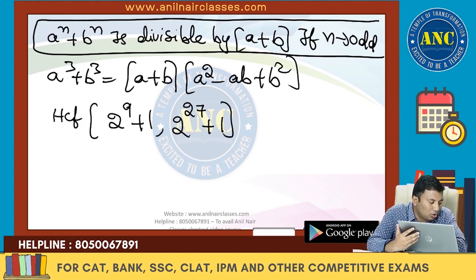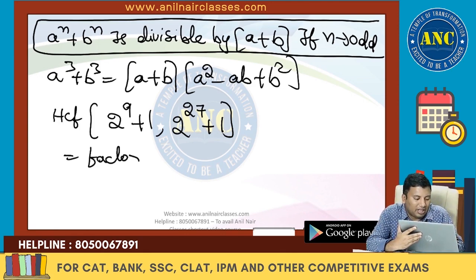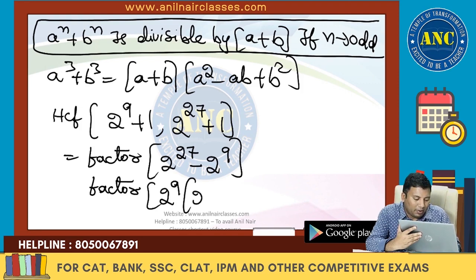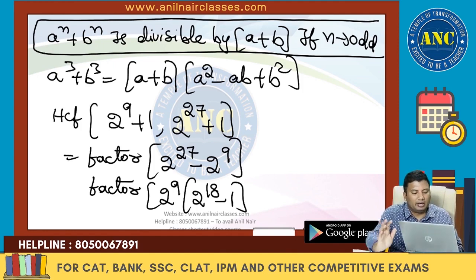HCF of 2 power 9 plus 1 and 2 power 27 plus 1 is a factor of their difference, 2 power 27 minus 2 power 9, which is 2 power 9 into (2 power 18 minus 1).